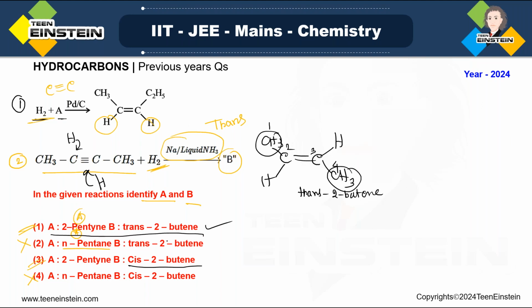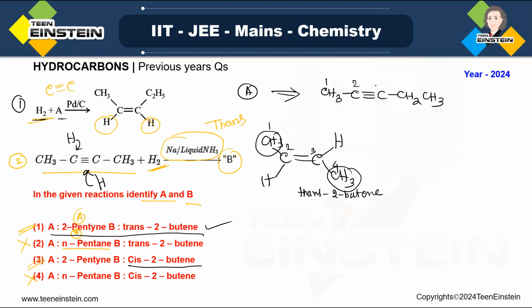The first substrate A, the substrate in reaction 1, is 2-pentyne. Let me write the structure. That is the structure of A. It will be like this: 2-pentyne. So at the 2 position there will be a triple bond.